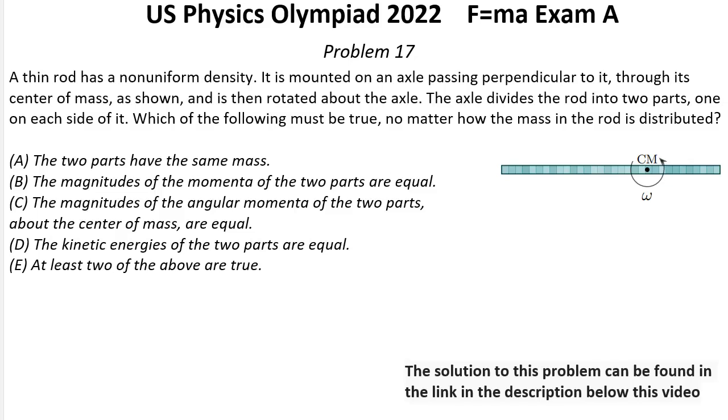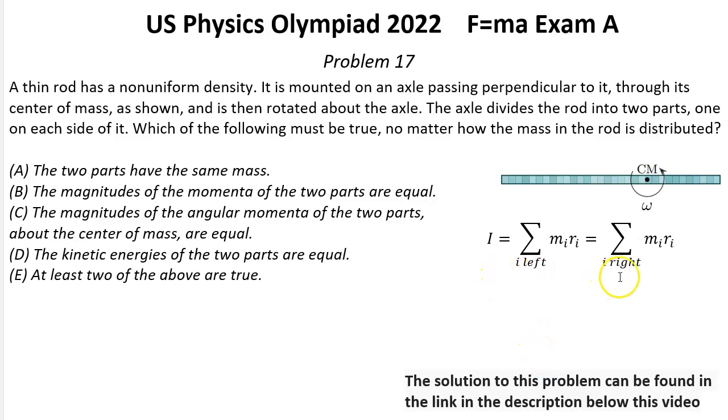For simplicity, let's suppose the rod is made of discrete masses. The reasoning is exactly the same if the rod is continuous. By the definition of the center of mass, if ri is the distance of mass mi from the center of mass, then we have the next relation between left and right.